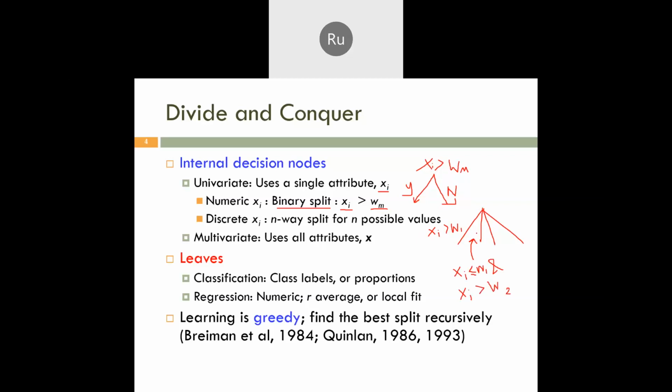And then for this one, it should be xi less than or equal to W2 and xi greater than W3. So you have a partition which you want to go to depending on the value of your x.